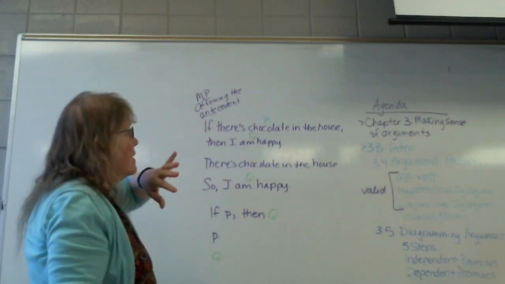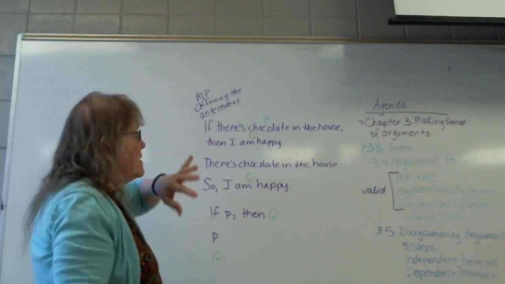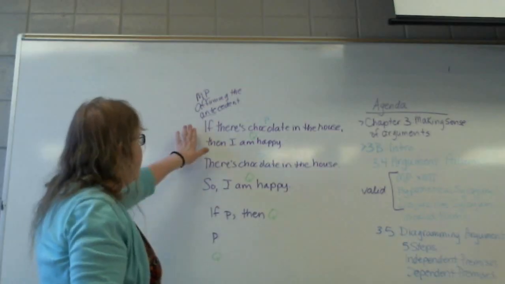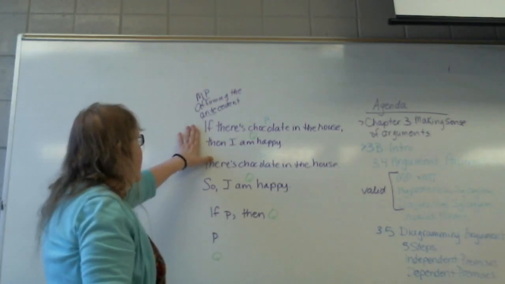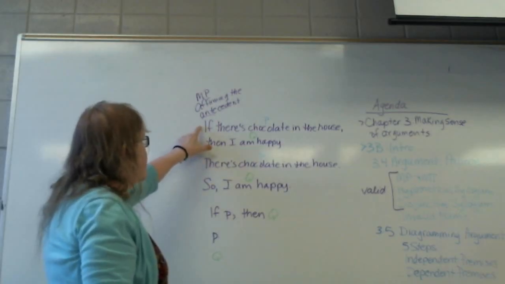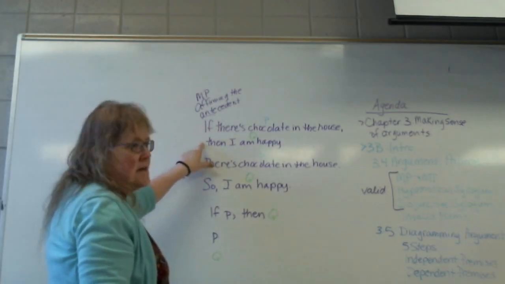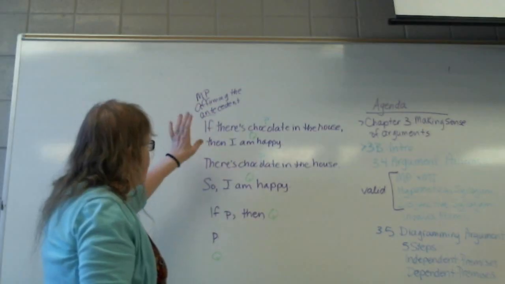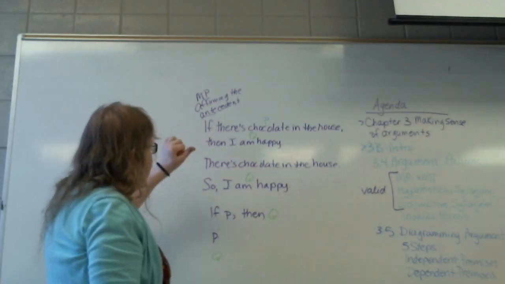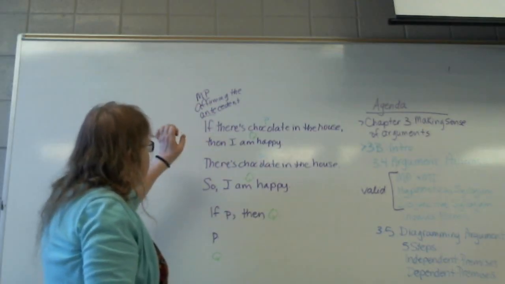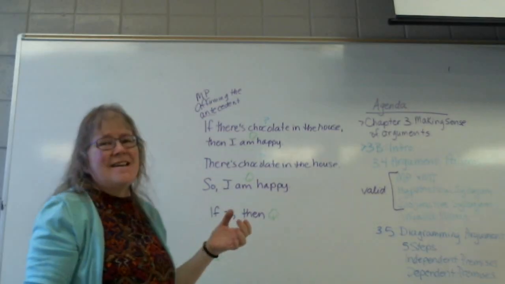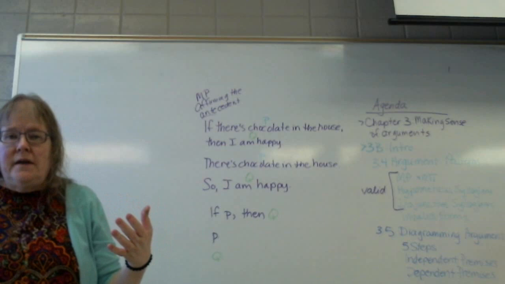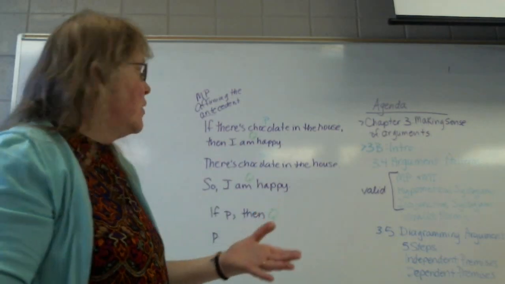So in my conditional sentence, if there's chocolate in the house, then I am happy. This is the antecedent. This is the consequent. We'll play with those a little bit later. So if there's chocolate in the house, then I'm happy. There's chocolate in the house, so I am happy. Doesn't sound like much of an argument, but the structure works.